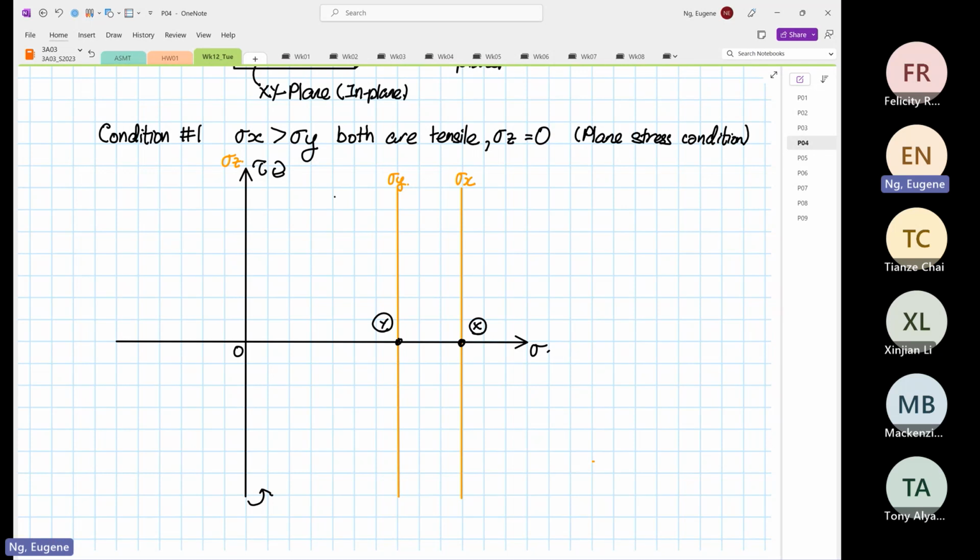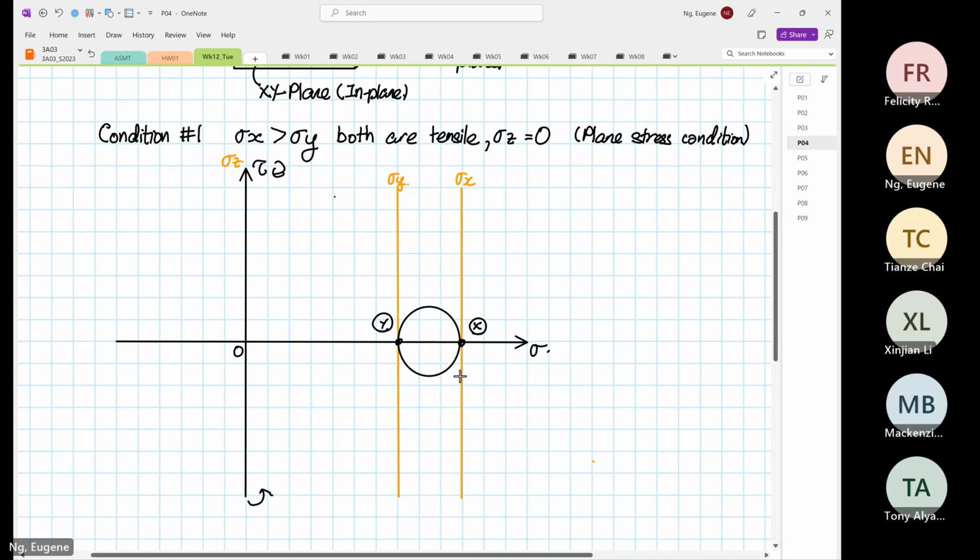So the first circle that we're going to draw is this circle over here. Okay.